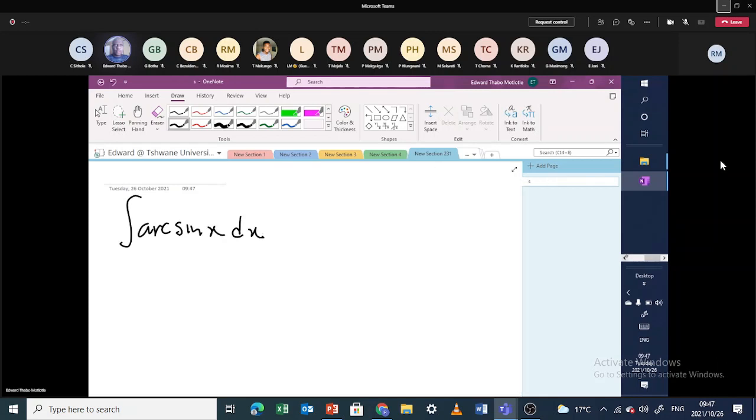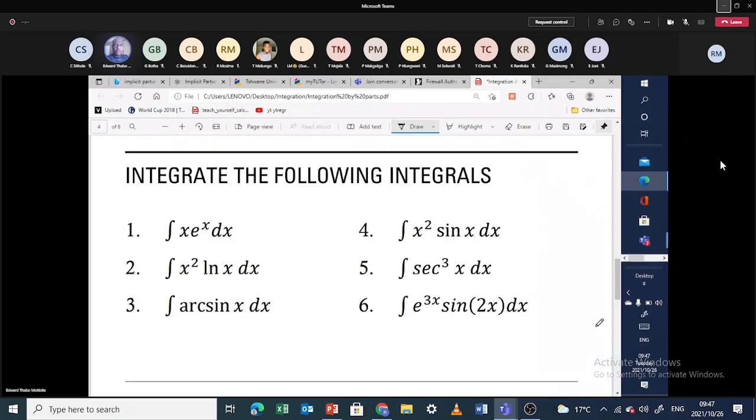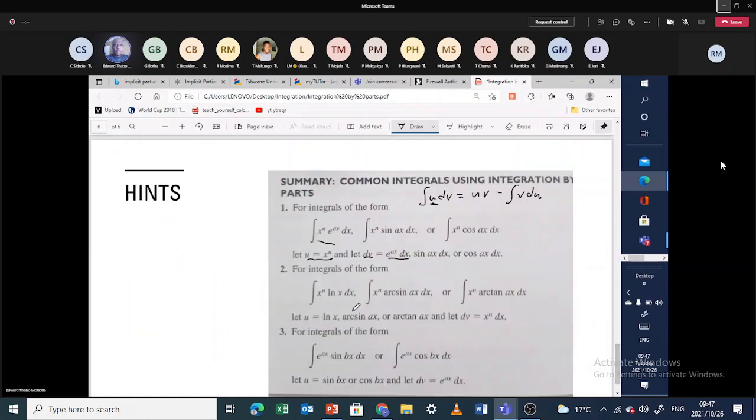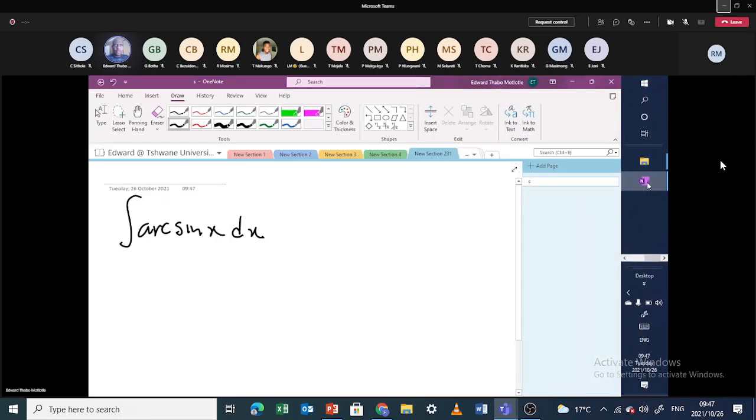So again, we check our hint. What do they give us as a hint here? They say if we have this situation, arc sine x will be our u and dv will be x to the power n dx. So in the situation that we have, this will be the case. So we let u be equal to arc sine x, and then dv is equal to dx.